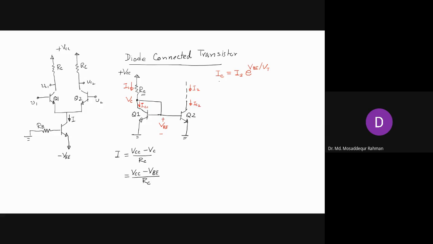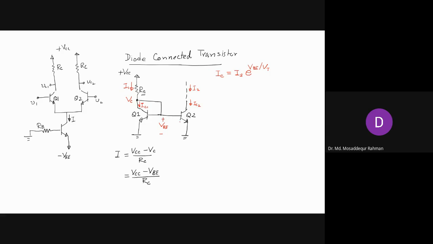The diode current is equal to IS times e to the power VD, the diode forward bias voltage, divided by VT. In this case, the base emitter voltage. So base emitter voltage determines the collector current, right? And it's the exponential relation. So by controlling the base emitter forward bias voltage, you can control the collector current.